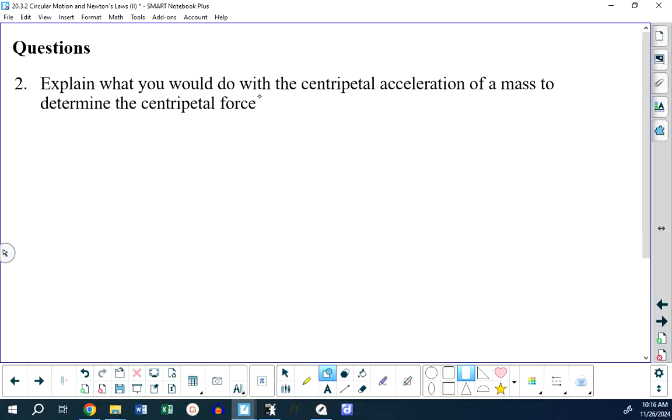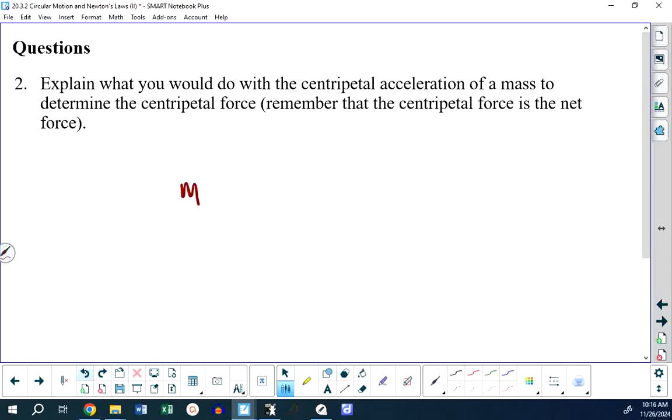What do you do to calculate the centripetal force? Well, the centripetal force is the net force, right? And that's what I've covered up here. I've given you the hint that centripetal force is the net force. The net force is found by using ma. So the answer to this question is this.